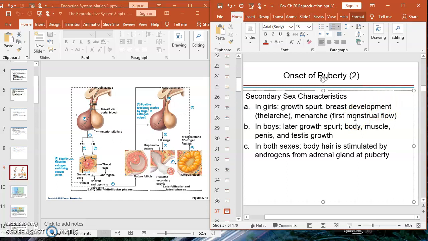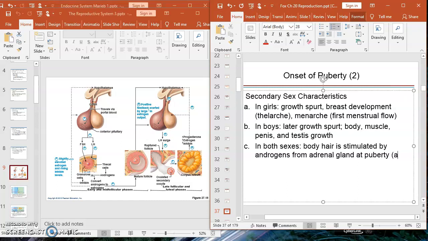Then another term that I'll mention is adrenarchy, is when in the male and female the hair pattern, the sexual genitalia hair patterns develop. In boys, growth spurt, muscle mass, penis, testes growth, body hair stimulated by androgens, and that's what, and I'm going to put this term down here, adrenarchy.